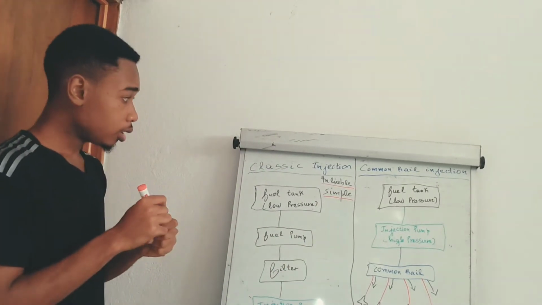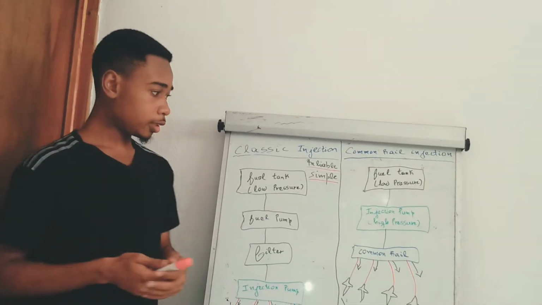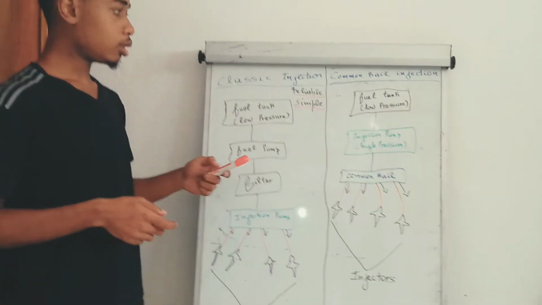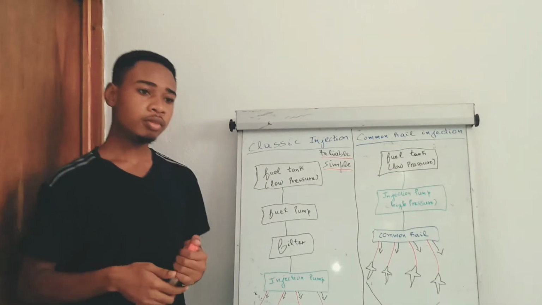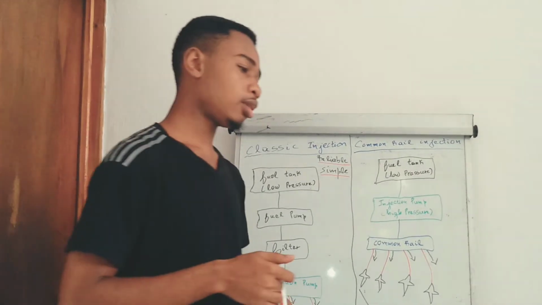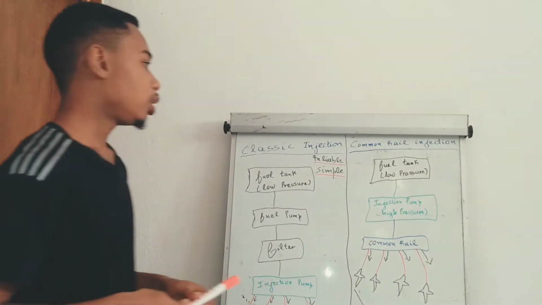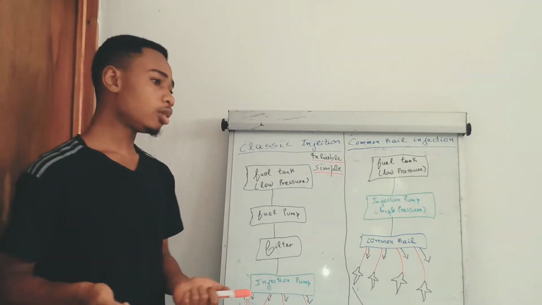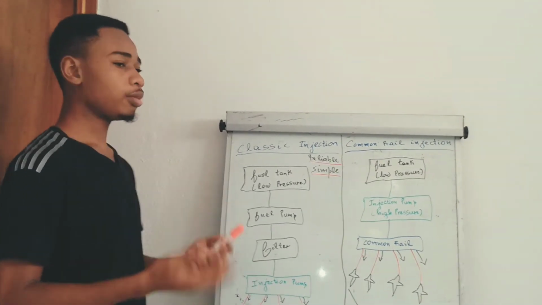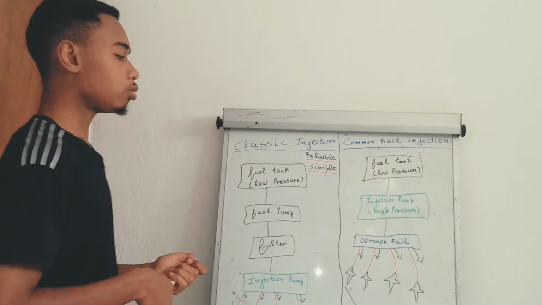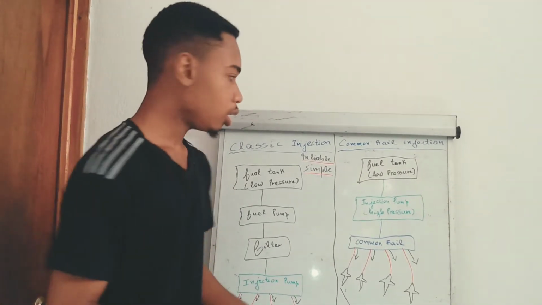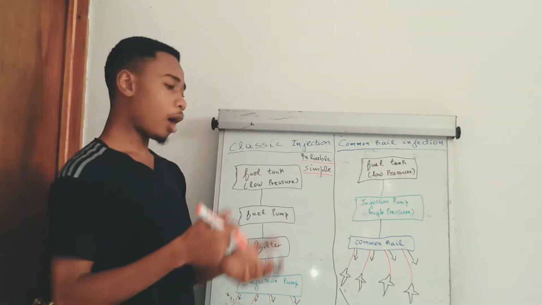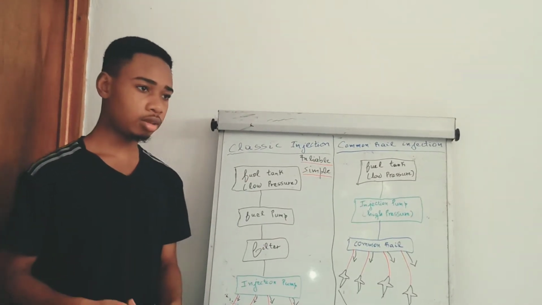But the classic injection has a disadvantage as well. Now, the disadvantage is that diesel is some kind of vibrant and it's so noisy. It's so noisy due to its rather simplistic combustion.